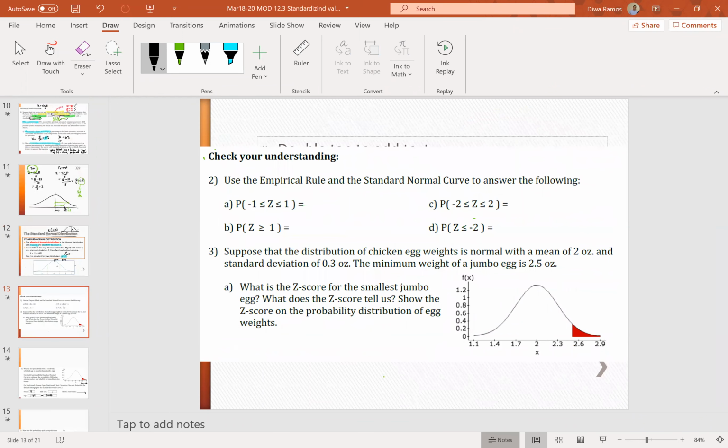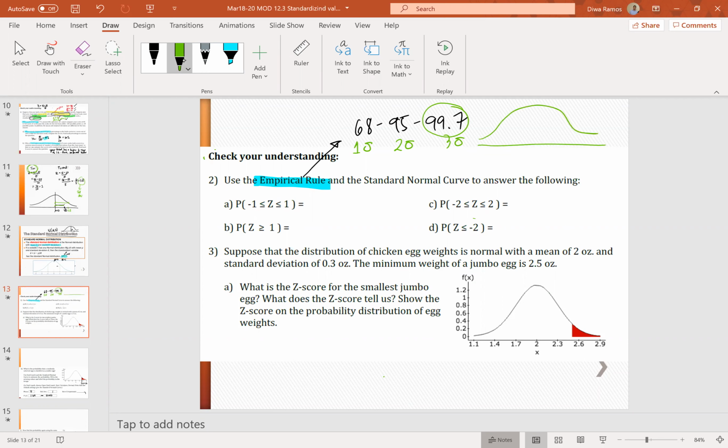All right, so let's go to more examples. Actually it's number 2 already. Use the empirical rule. If you forgot about that, that's the official name for the 68, 95, 99.7 rule. We have 68% for the first standard deviation, 95% for the second standard deviation from the mean, and 99.7% of the data are found within 3 standard deviations.